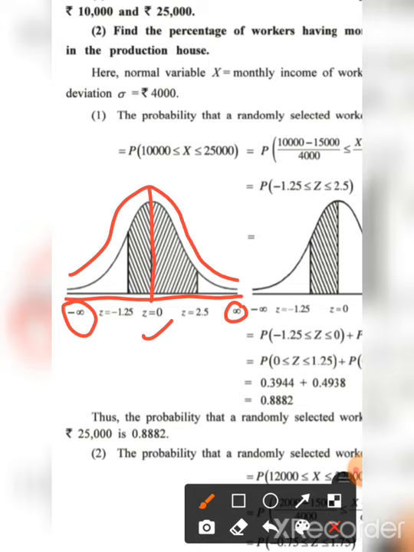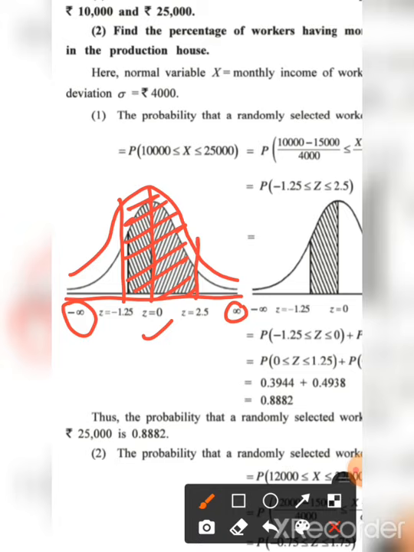Say it's minus 1.25. Again, the minus sign shows the left hand side. So somewhere over here you have this minus 1.25 that you can denote as z1, and 2.5 on the right hand side somewhere, that you can denote by z2 is equal to 2.5. It means we need to find the probability of this whole area. Was that clear?